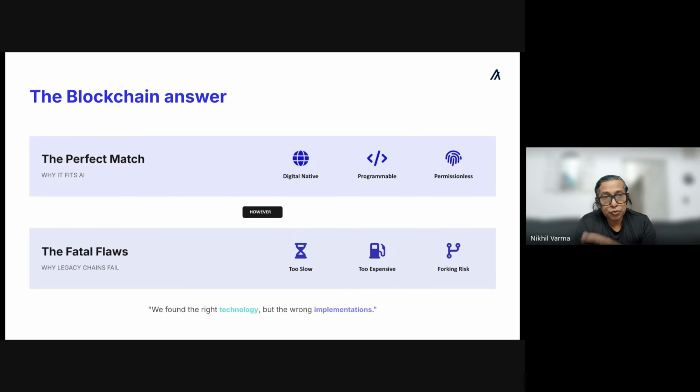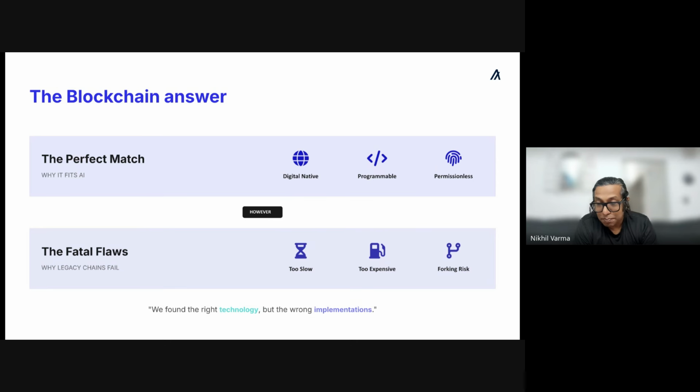But just to be able to solve the settlement problem, we need something which is digitally native, and that is blockchain. In Marvel world, people say the end game is IoT, AI, and blockchain. That's when you get into end game. So essentially, this is where we are getting into end game.